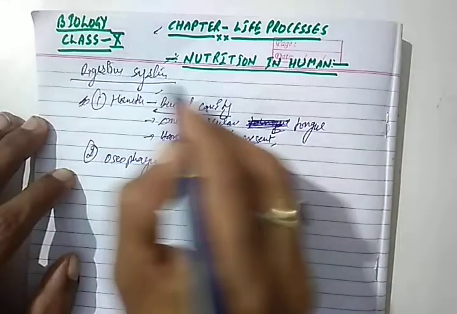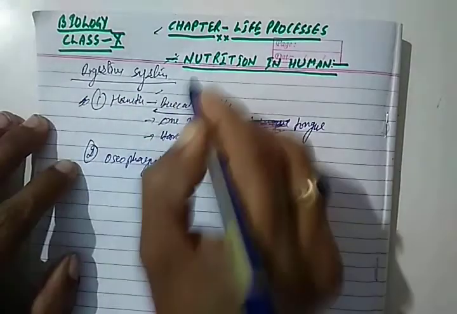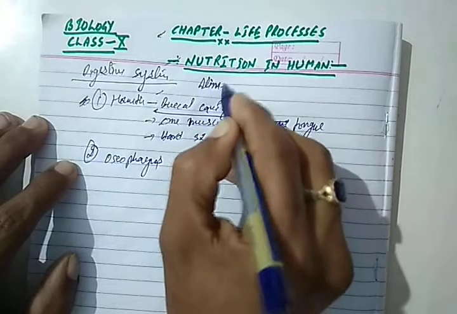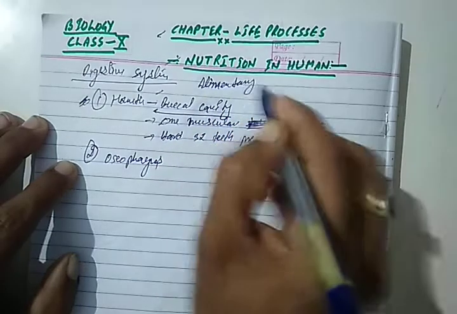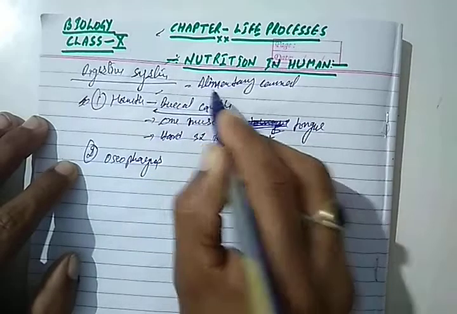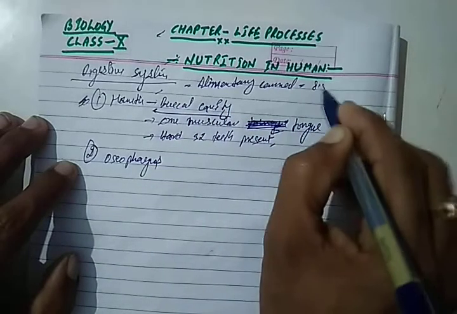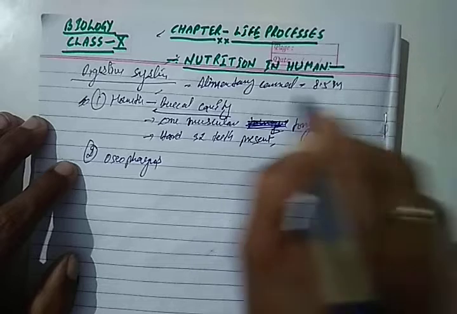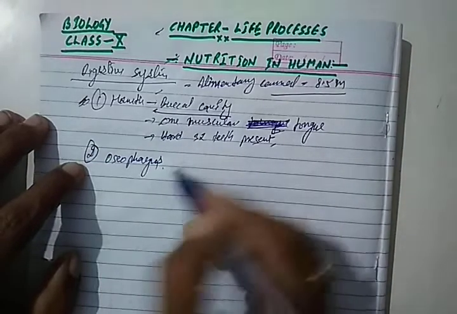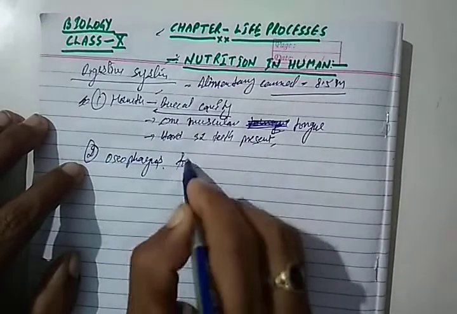One more thing I want to include: the total length of the human alimentary canal is about 8.5 meters. The second part is the esophagus. We can also call it the food pipe.